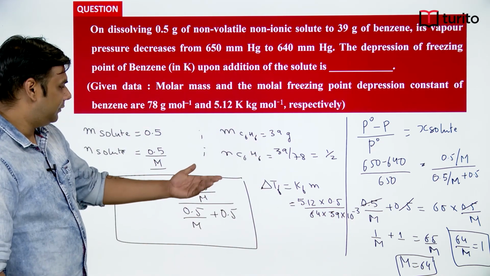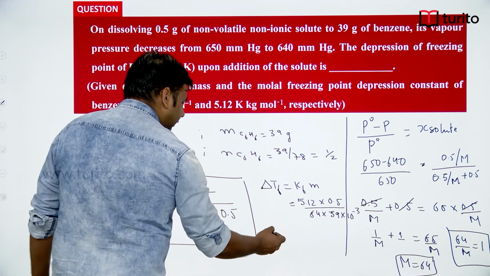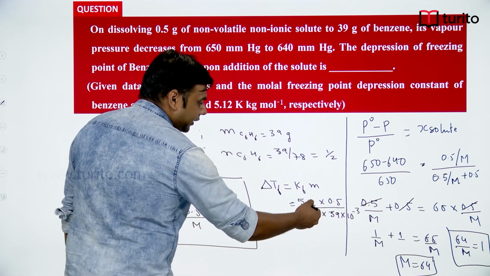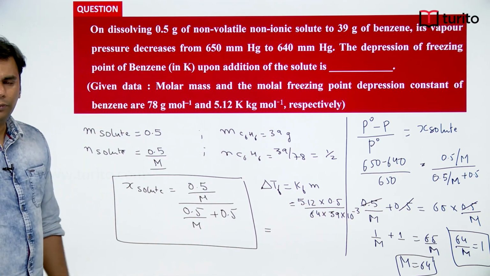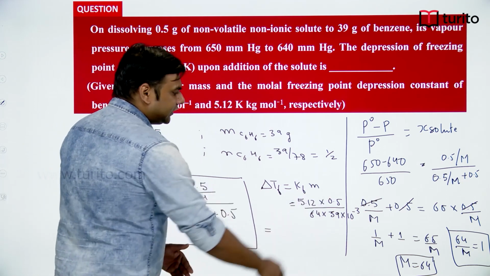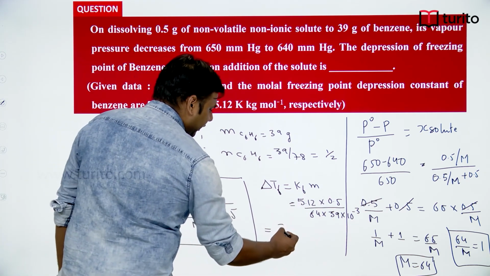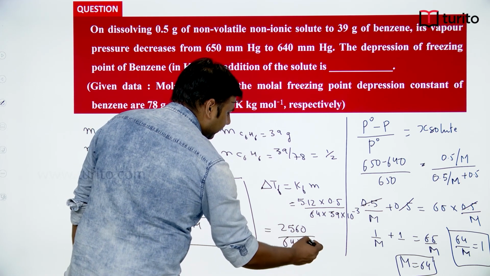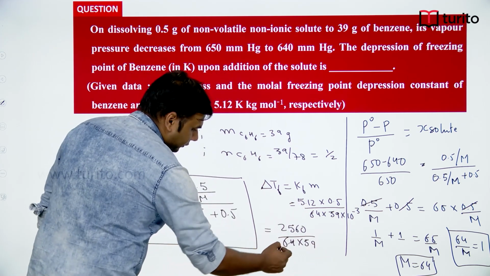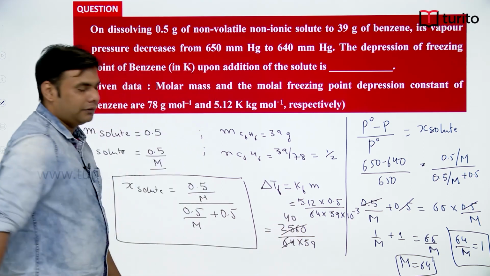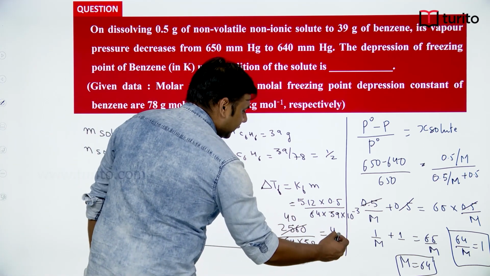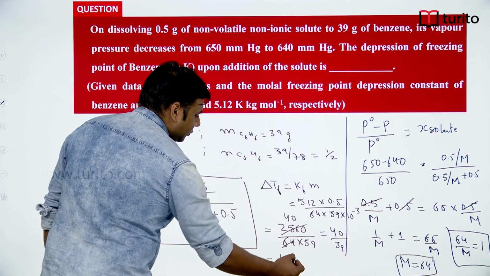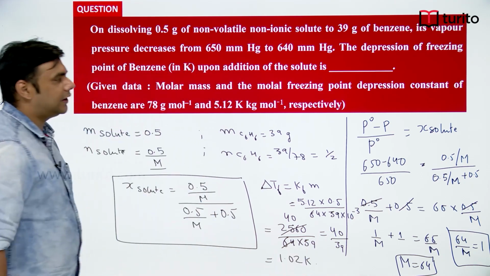Let me do the calculation directly. This becomes 0.5 into 2 into 5.12, which is 2.56. 2.56 into 10 raised to power 3 is 2560, divided by 64 into 39. This is very easy to solve. This is basically 40 by 39, so this would be 1.02. So this is the answer.